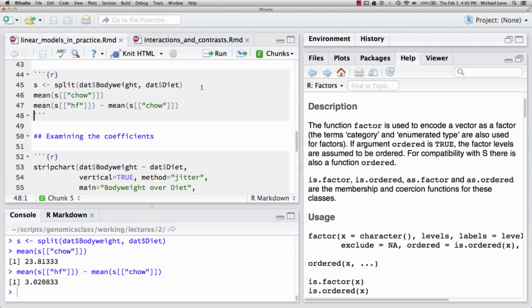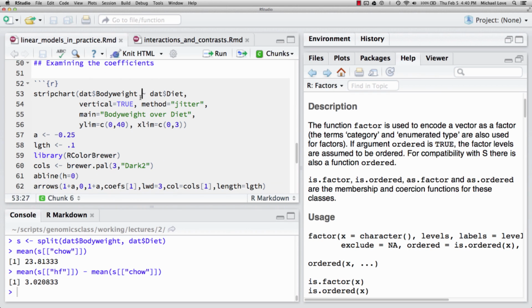So in this case, we could have gotten these numbers just using split and mean. There are more complicated cases where the linear model makes more sense, and it's a much better way to represent complex experiments. But it is true that these numbers can be obtained in this simple way.